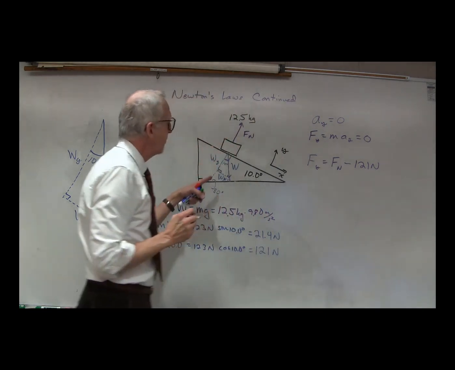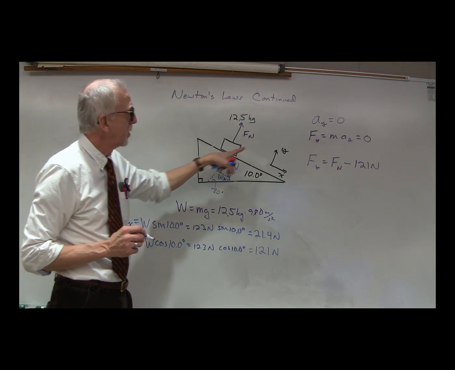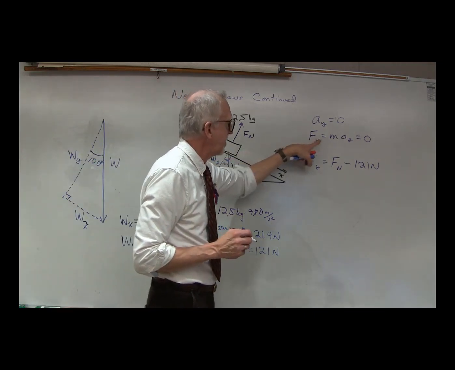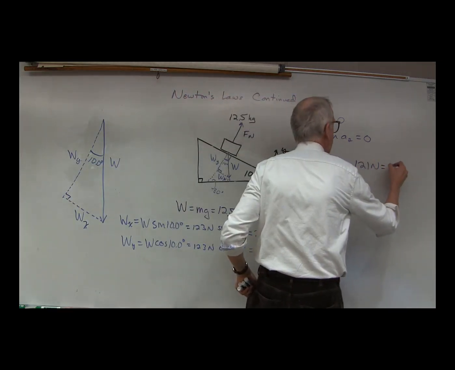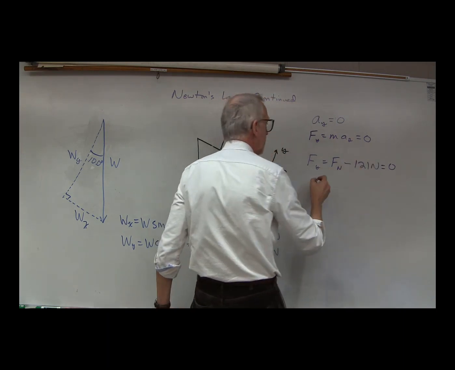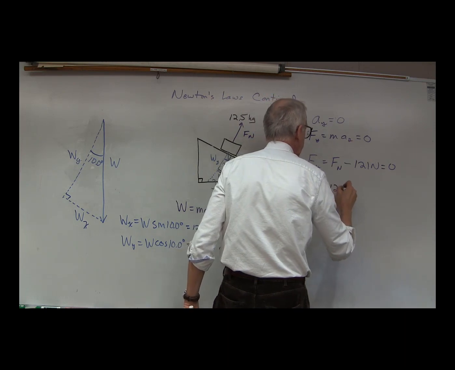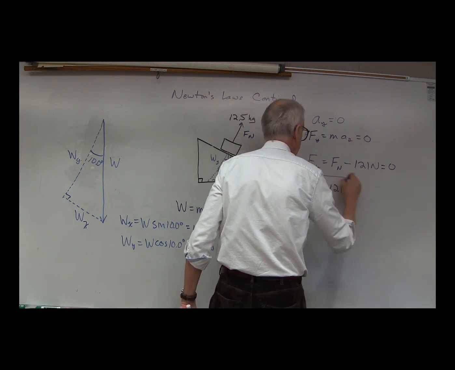And those are the only forces acting in the y direction, the normal force and W sub y. We know that the net force in the y direction must be 0, which leaves us with Fn minus 121 newtons equals 0, or, bringing that to the other side, Fn equals 121 newtons.